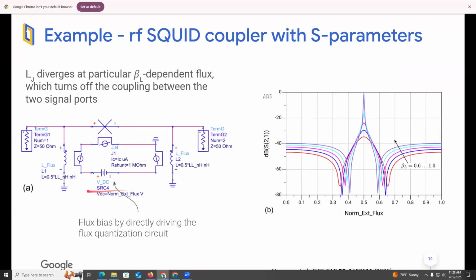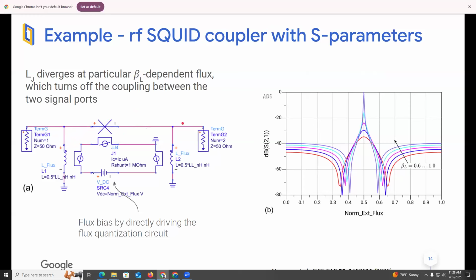The second device is also a SQUID, but now I split the inductor in two parts, and they're both going to ground. And what this does is make this a tunable coupler. So there will be some flux where the inductance of this junction diverges when the phase of that junction gets to pi over 2. That means that there will be no coupling between these two ports.